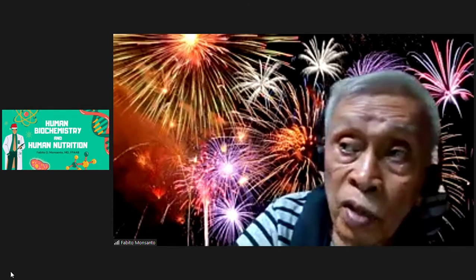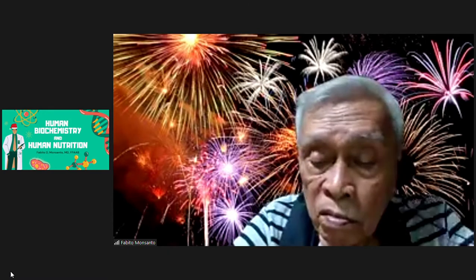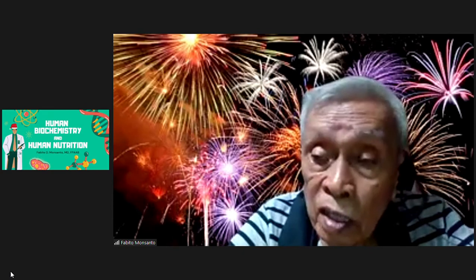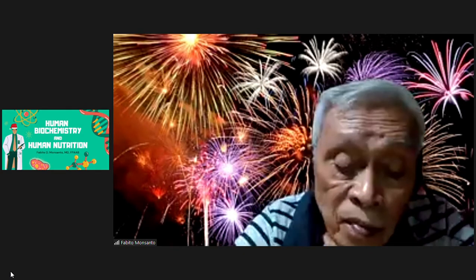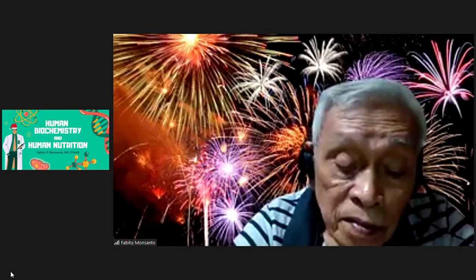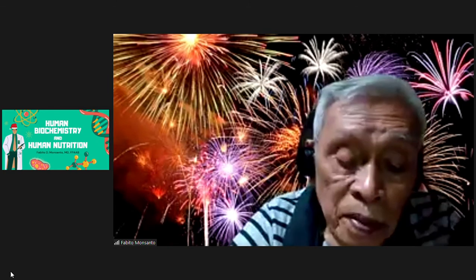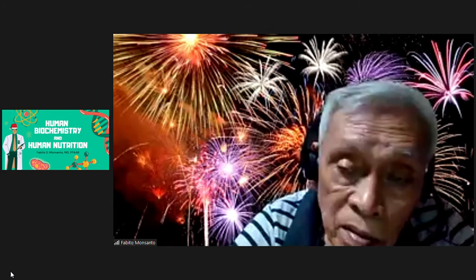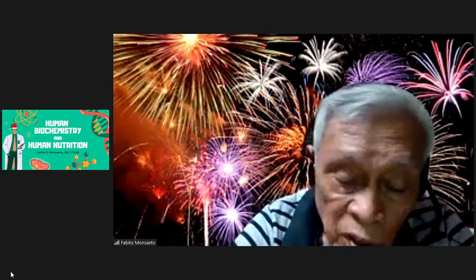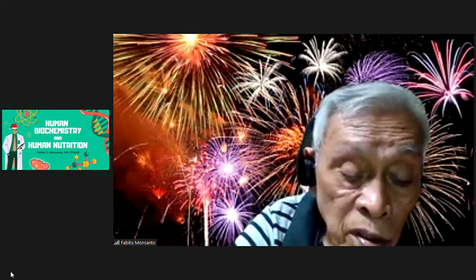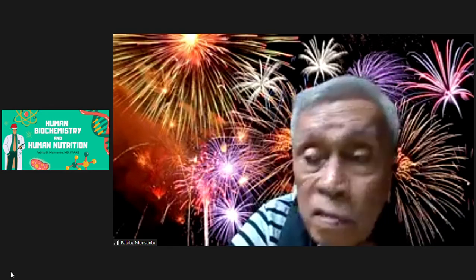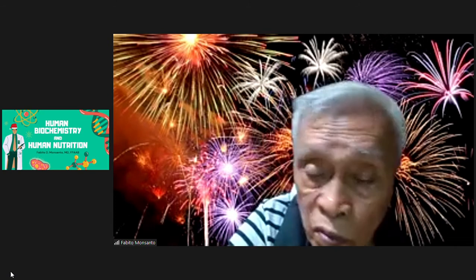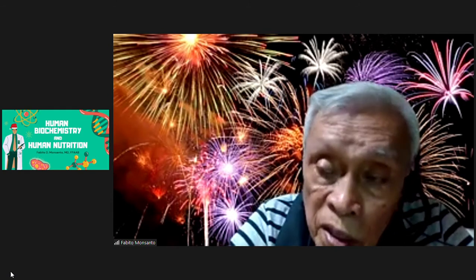Your hexokinase is in other tissues other than the liver. And then the second phosphorylation is by your phosphofructokinase. And after that, you form fructose 1,6-diphosphate.